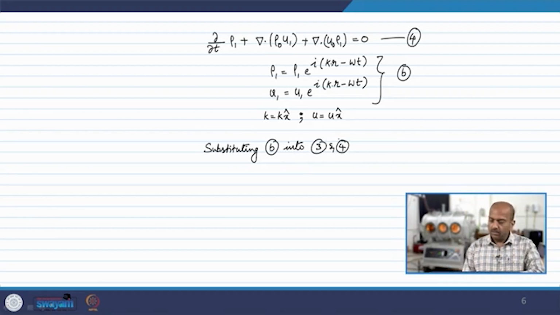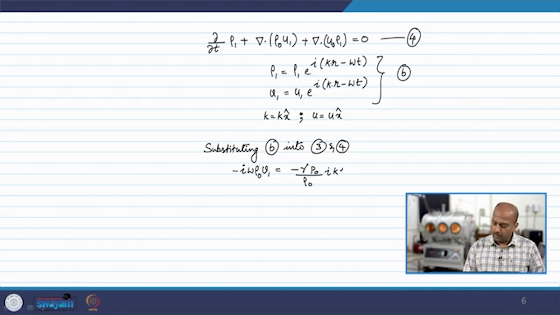We will get these equations as: −iω ρ0 v1 equals −γ P0/ρ0 i k ρ1.